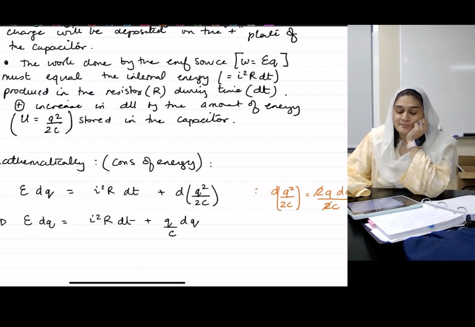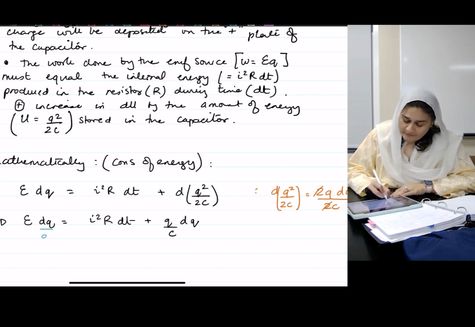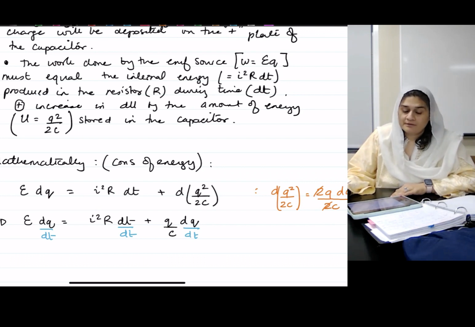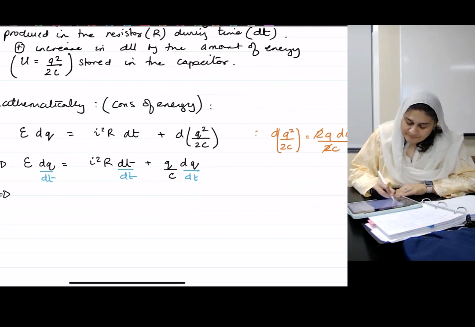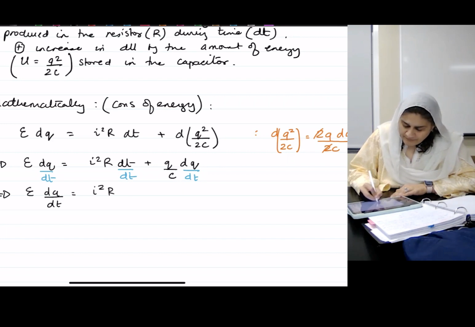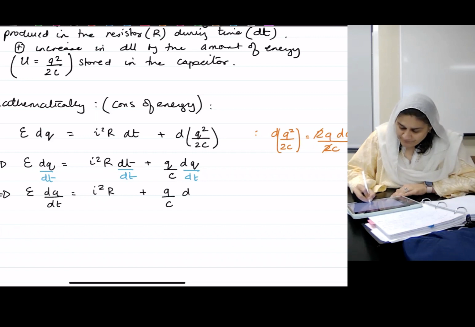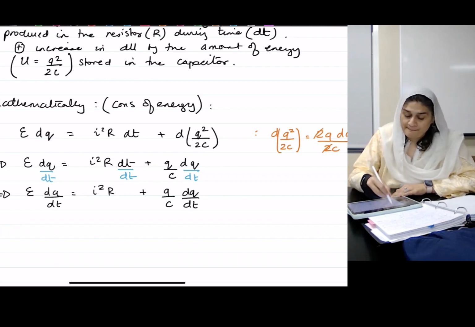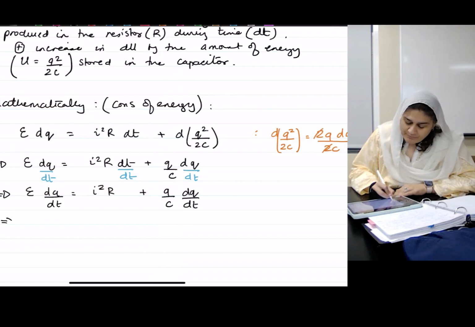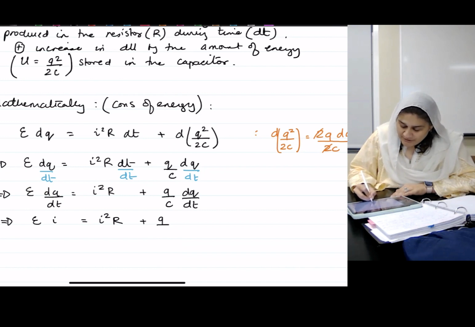May I divide throughout by dt? What is dq over dt? I. So may I write this as EI equals I squared R plus Q over C times I?